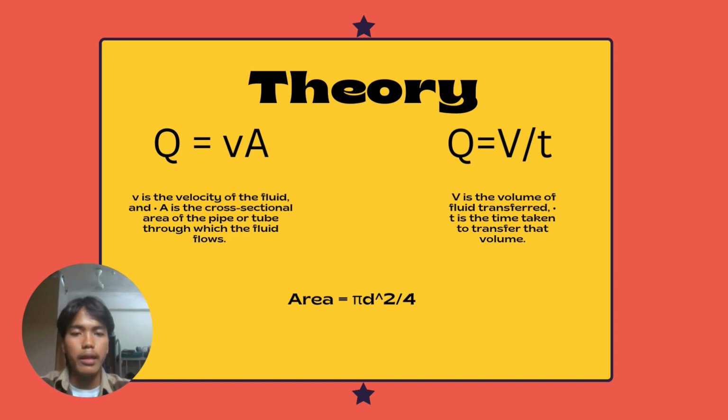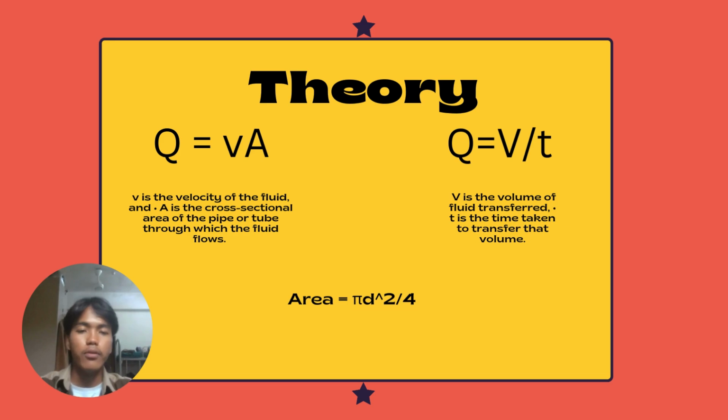So as in test 1, we can find the value of Q, which is flow rate, equal to V over T, where V is constant, which is volume 0.0025, divided by the time we get for each density and each different height.